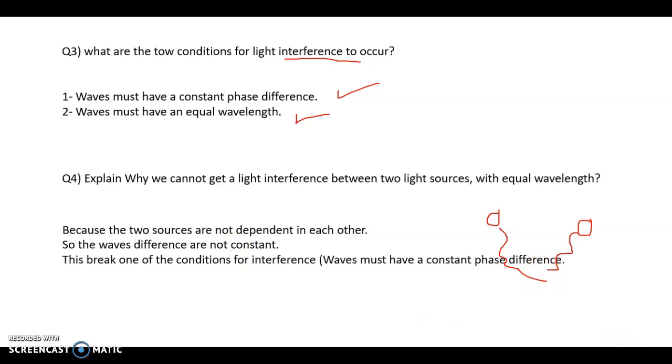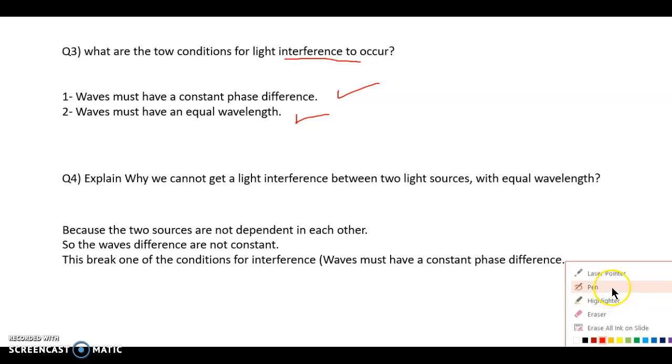This breaks one of the conditions for interference: waves must have a constant phase difference. So it's not working. We are not able to see the interference here.